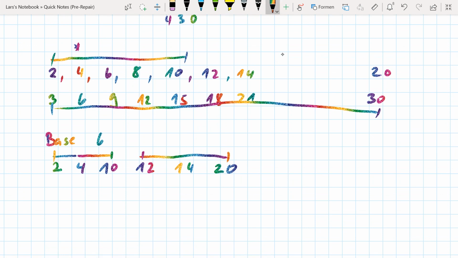Because if you're doing the row 3, you get 3, then 6, that's 1 six and 0 ones. Then you get 9, which is 1 six and 3 ones, and so on. So there the pattern emerges after two numbers.